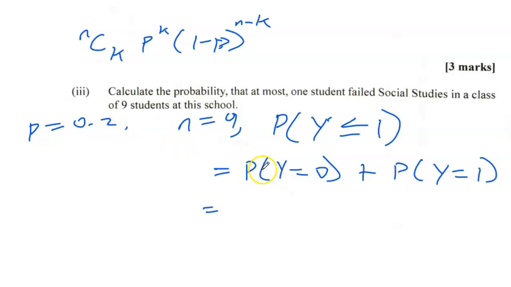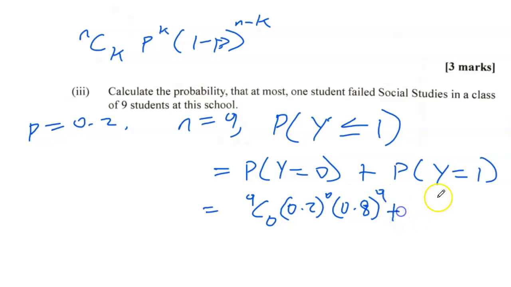So for the first one, it's 9 choose 0, and p is 0.2 to the power of 0, and in the bracket 1 minus p, 1 minus 0.2, that's 0.8 to the power of 9 minus 0, which is 9.